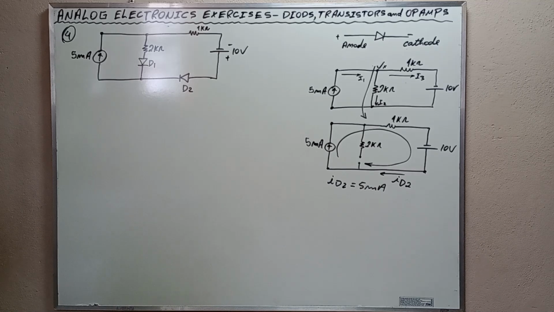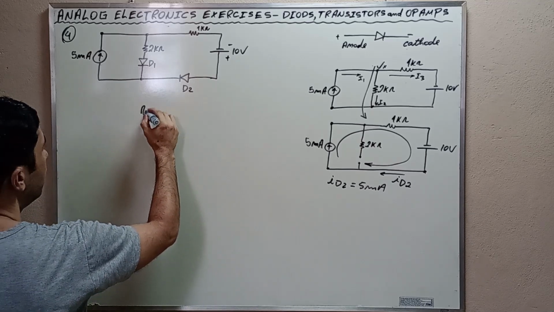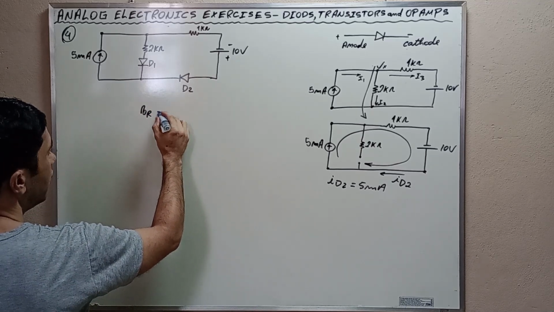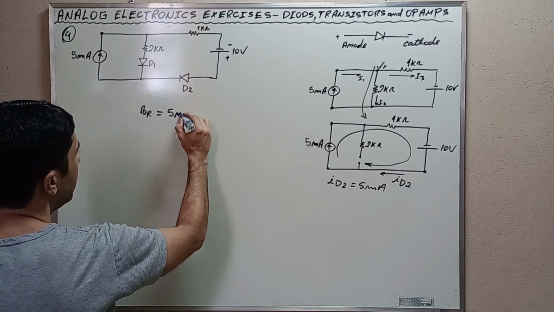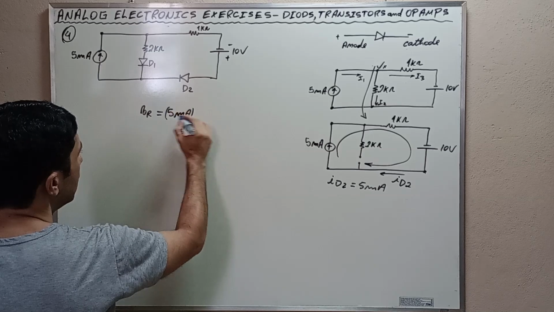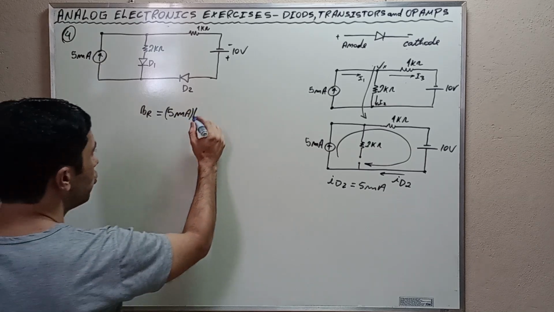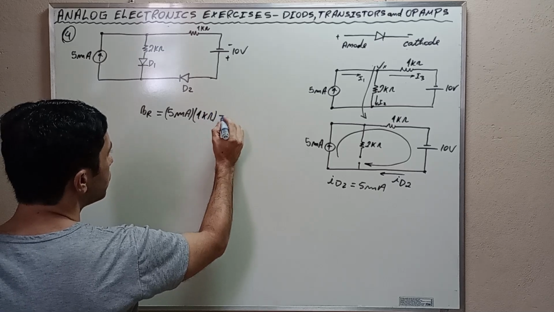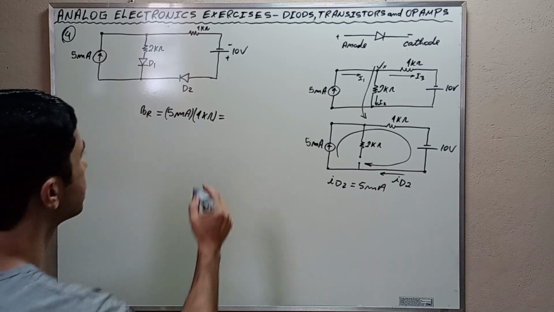Okay, the voltage drop across the 1 kilo ohms resistor is, I'm gonna call it VR. VR is gonna be equal to the current 5 milliamps times the value of the resistor, which is 1 kilo ohms, and this is equal to 5 volts.